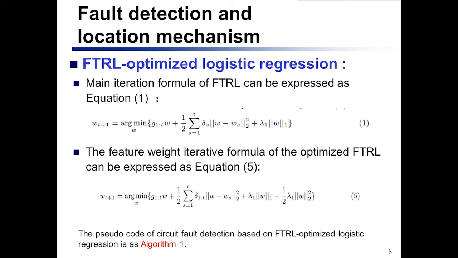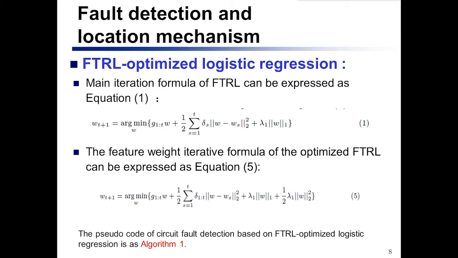Considering the circuit state can be divided into two categories, with fault and without fault, circuit fault detection is actually a binary classification problem. To get the fault detection module, this paper proposed FTRL optimized logistic regression and use it to establish a fault module matching library.